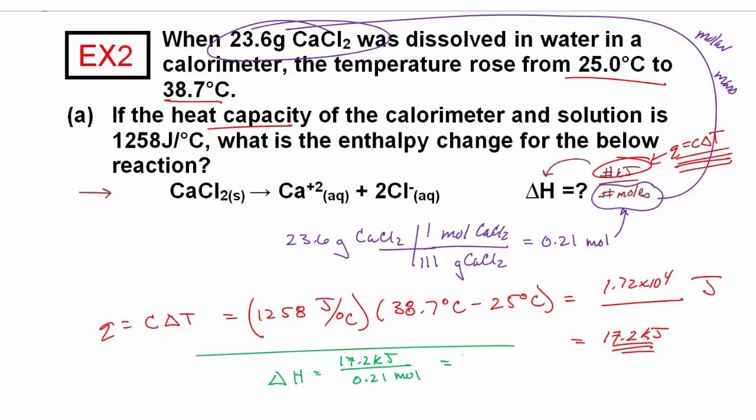But 17.2 divided by 0.21, about 81.9 kilojoules per mole. Okay, now is this a positive or negative delta H? Let's check. When calcium chloride was dissolved in water, the temperature went up. So that means it has to be an exothermic reaction. So I had better put a negative sign on that.